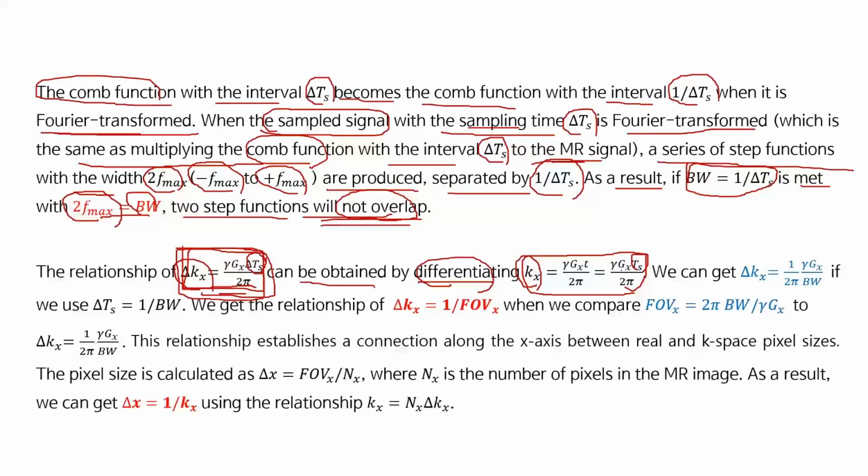So we can get this relation, because 1 over delta ts is the bandwidth, right? So here we can use this relation. Bandwidth is equal to 1 over delta ts, then we can have this relation as we use this relation.